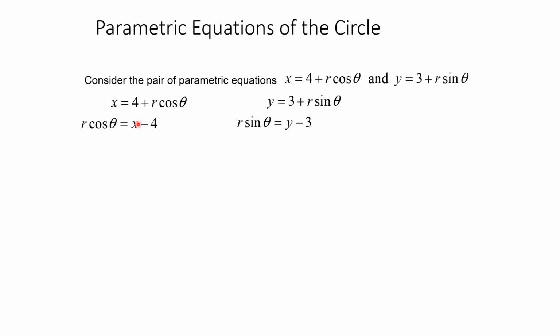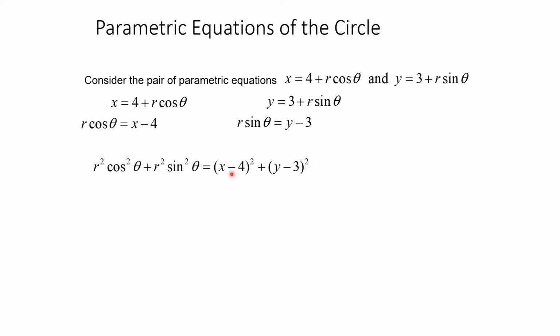From here you can derive that x minus 4 is r cos theta and y minus 3 is r sin theta. This is similar to x minus a and y minus b. As I said just now, (x minus a) squared plus (y minus b) squared equals the radius squared.